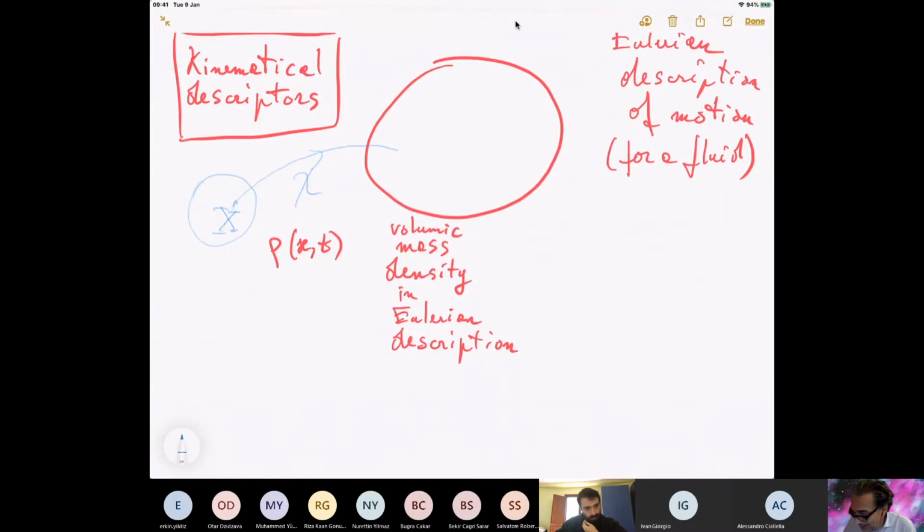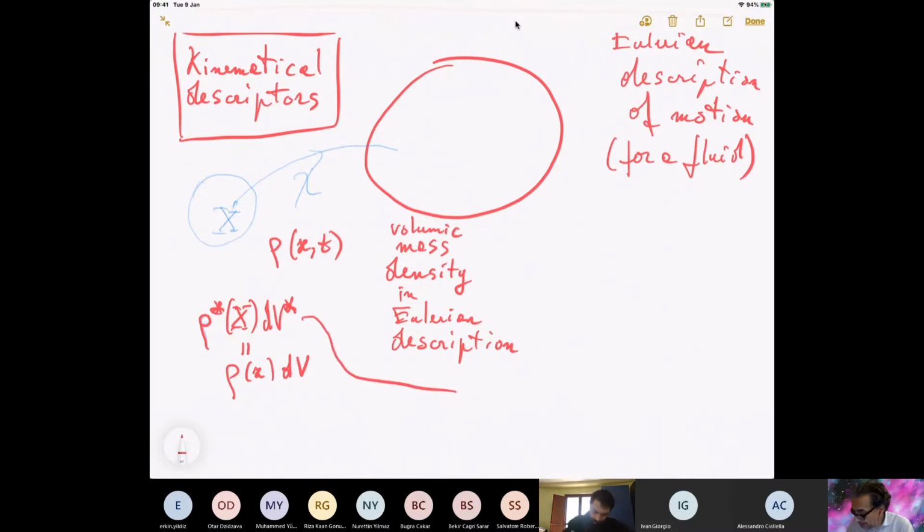So what we say is that rho star of capital X dV star, which is the mass in the small volume in the reference configuration, is equal to rho of small x, where small x corresponds to capital X, times dV.